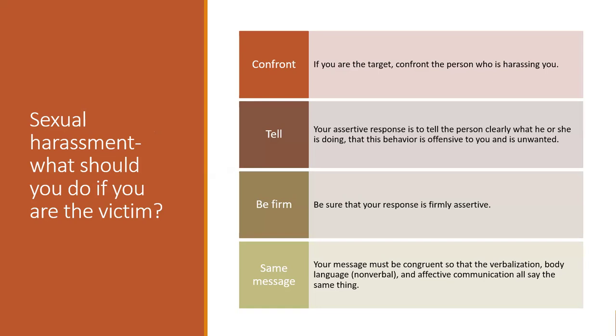You want to be firm, and you want to make sure that your nonverbal and your verbal match up. Well, she or he was saying whatever, but then they were winking their eye at me. So no, we want to make sure that what we're saying, our nonverbal and our verbal, match. If we're saying no, this is unwanted, that verbal and nonverbal should match.